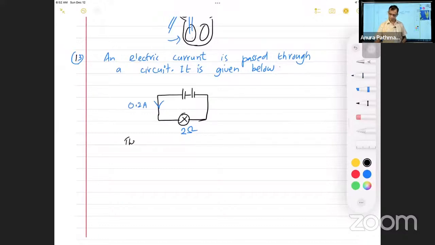The potential difference of the cells can be.